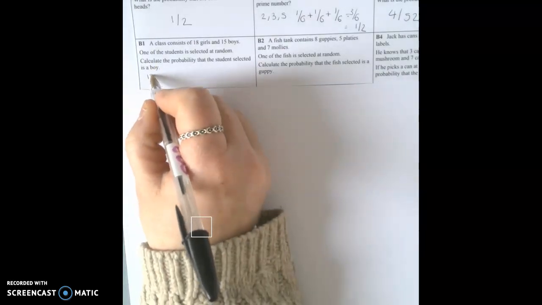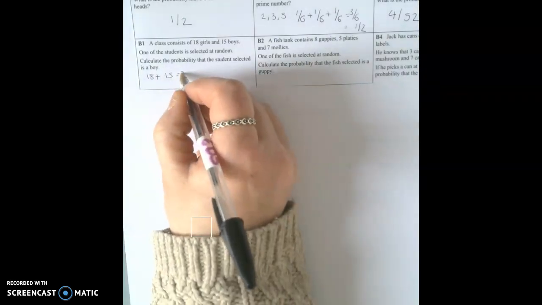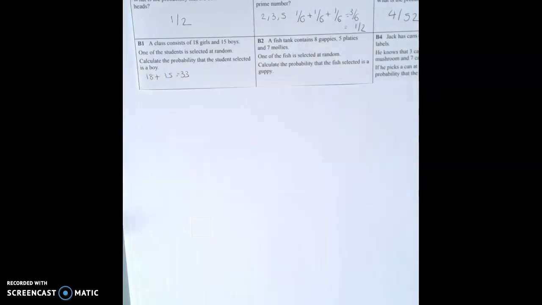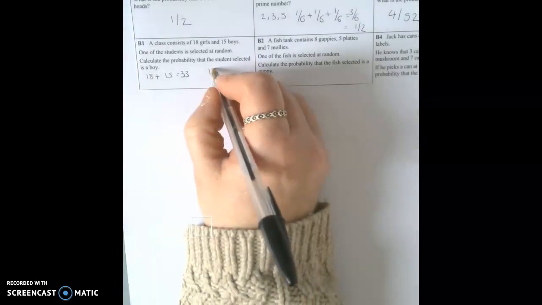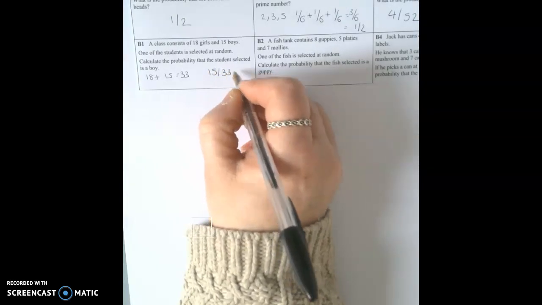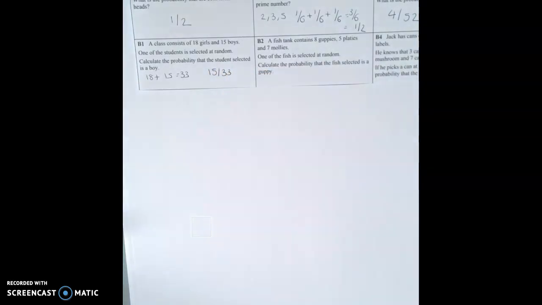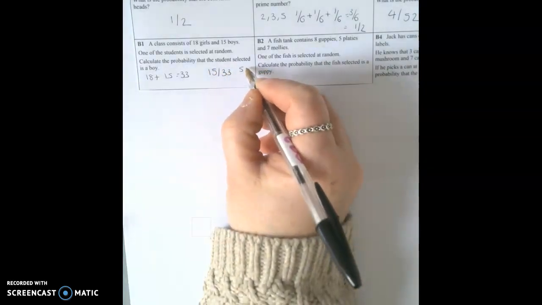So that is 18 add 15, which gives us 33. So we have 33 people stood in a room. Now, out of those 33 people, there are 15 boys. So I have 15 ways I can pick a boy out of the people that are in the room. So that's 15 out of 33. And that simplifies to 5 out of 11.